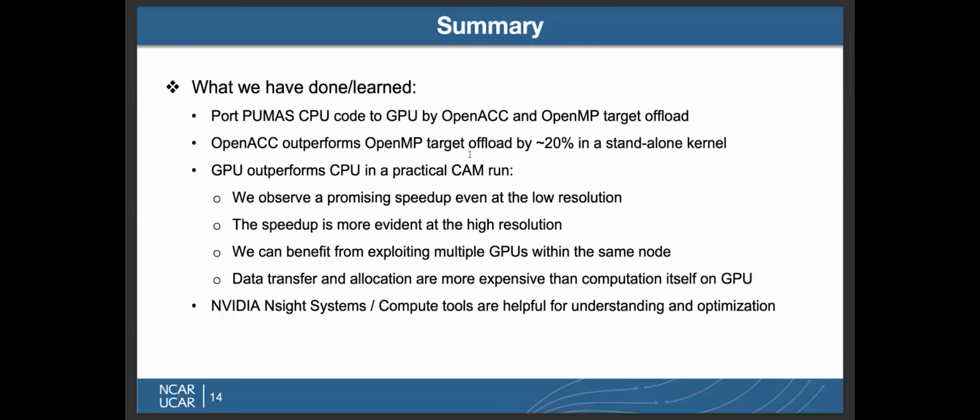Of course, the speedup is more evident at high resolution due to its larger parallelism on GPU, and we have confirmed that we can benefit from exploiting multiple GPUs within the same compute node. The data transfer and allocation time are shown to be more expensive than computation on GPU for our particular problem, and we are working on optimizations on that part.